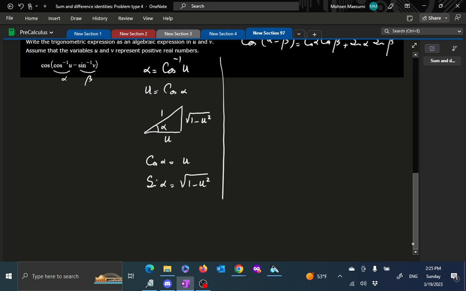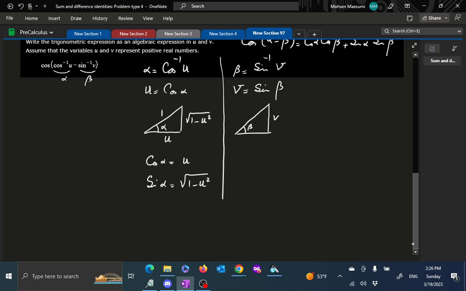Let's repeat all of this for beta. So beta is sine inverse of v, which means v is sine of beta. The picture that goes with this: a right triangle, angle is beta, sine of it is v.